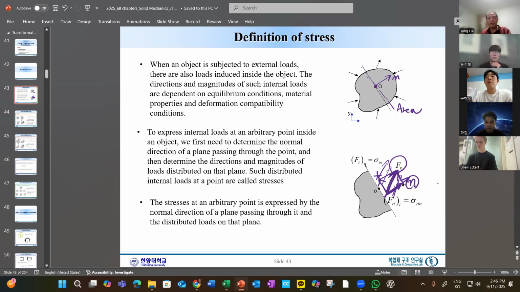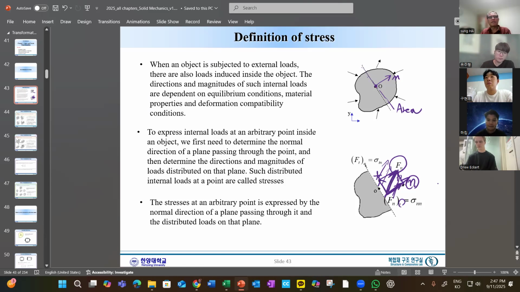This normal term we call the n component of Fn, and the tangential term is the t component of Fn.